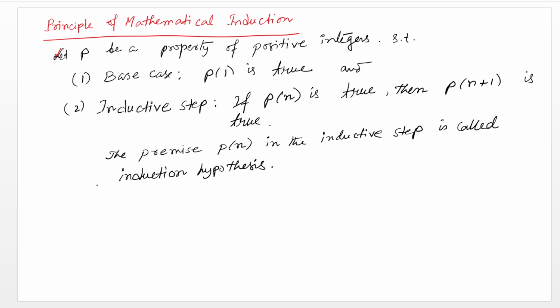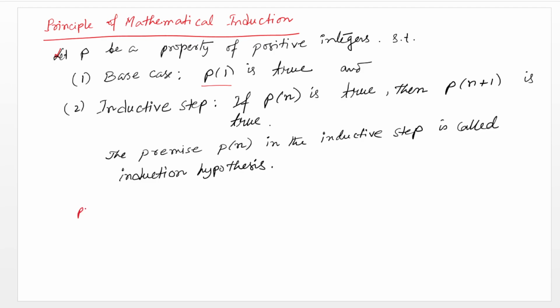So now the base case states that P of 1 is true, then the inductive step implies that P of 2 is true, and again by the inductive step we see that P of 3 is also true, and so on. So consequently the property must be true for all the positive integers.